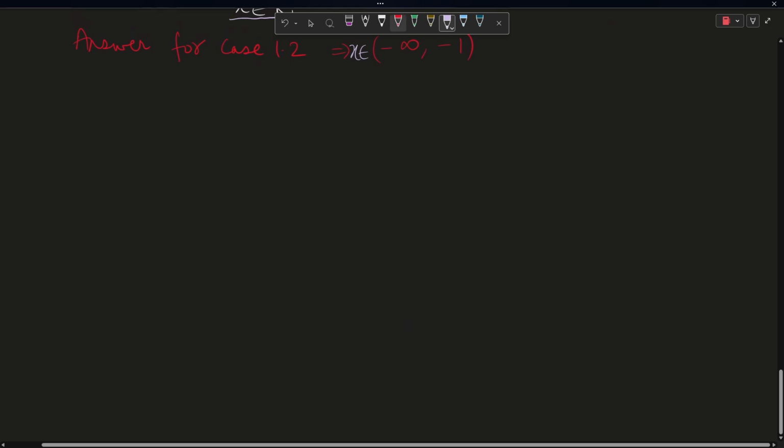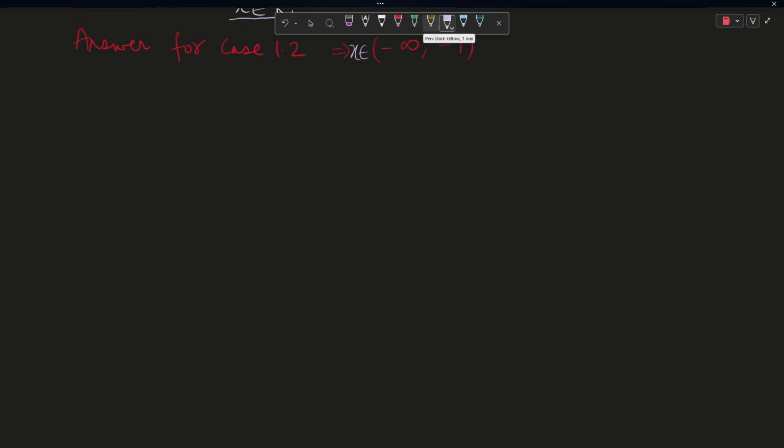Now we have to solve for case 2. But before solving for case 2, let's combine the answer for case 1 completely.